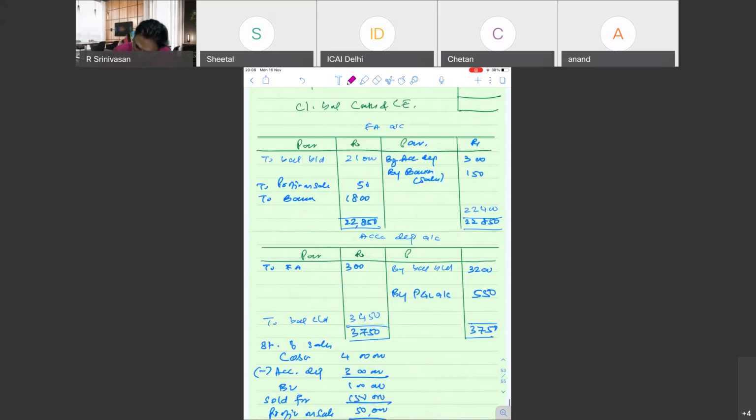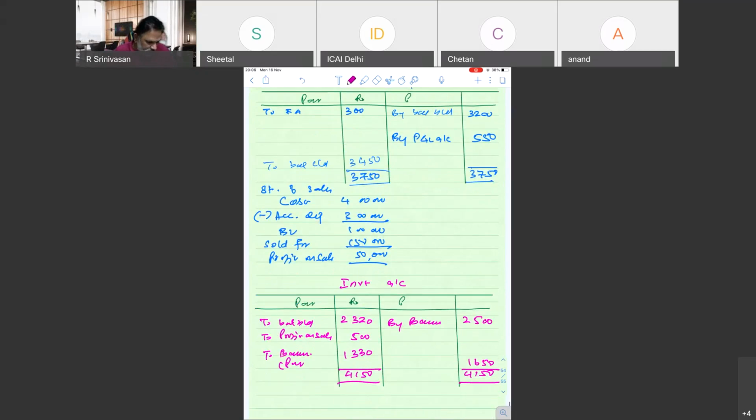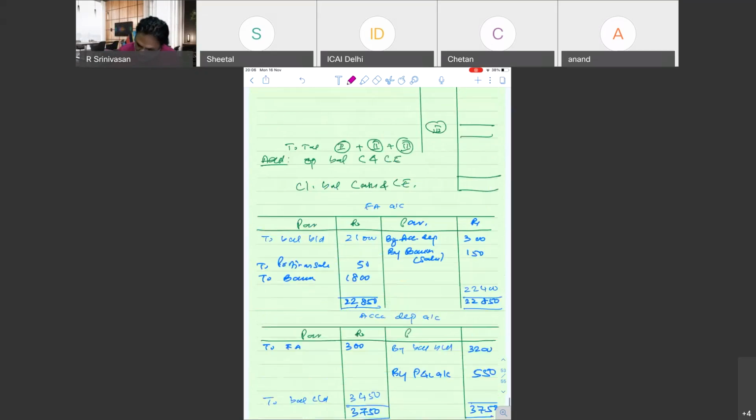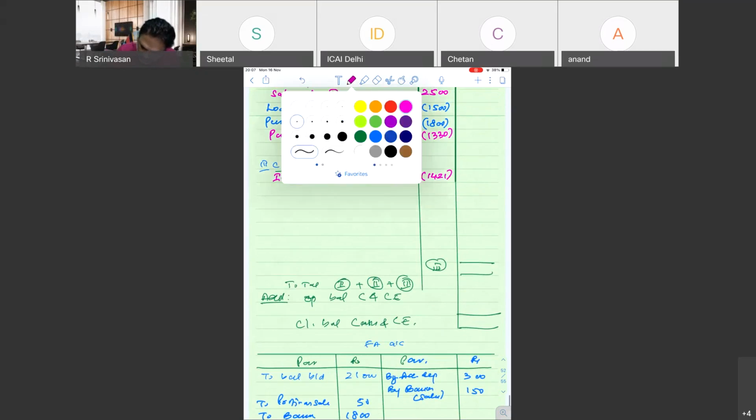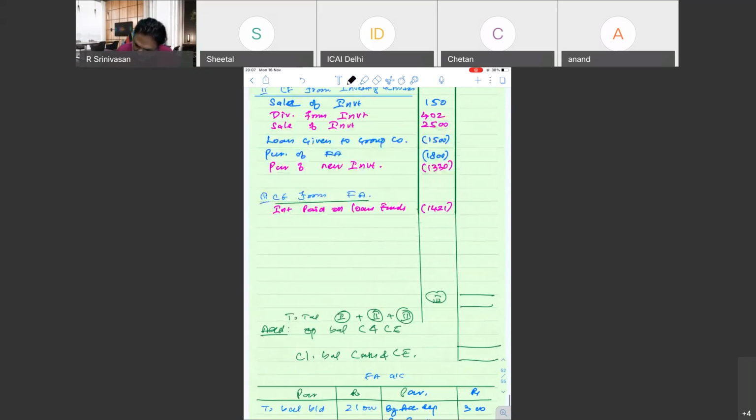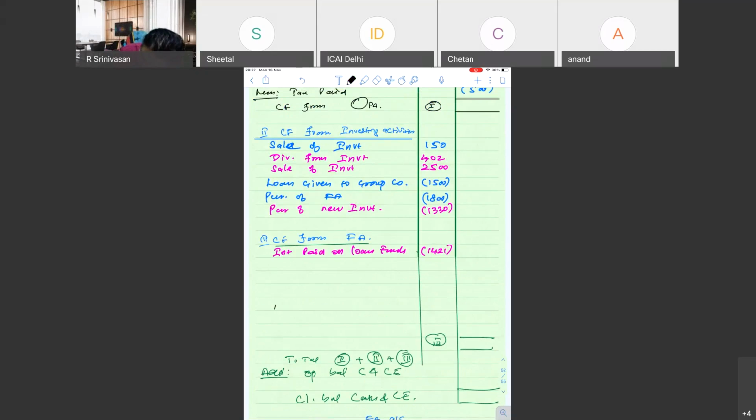Now we can go for the regular items. Equity share capital 7,000 and 8,500. So the issue of equity shares, how much? 1,500.